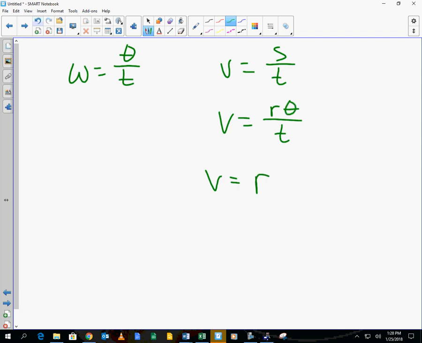Velocity is equal to r times theta over t. Are you okay with that? I just used the commutative property of multiplication. Now, what is theta over t? Omega. Thank you. So velocity is equal to r omega. So instead of using the formula s over t, we can use r omega, which is really, really helpful when we're working with circles.